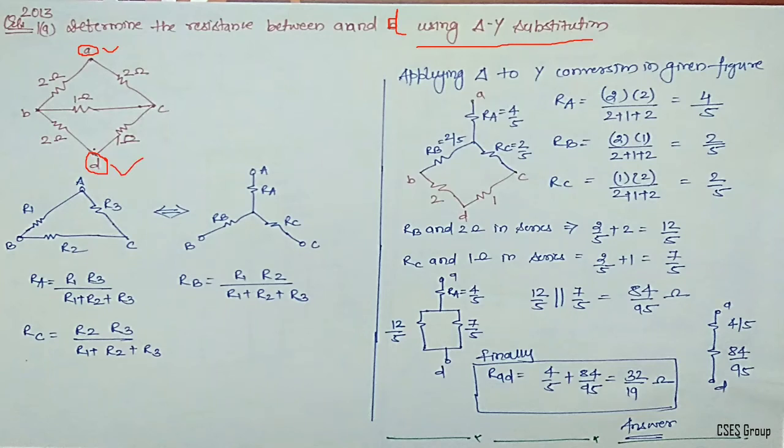So let us first recall what is the delta Y substitution. I have drawn here for your reference. If you are having a delta, it can always be replaced by its equivalent Y. Now how to replace it? If you are considering a resistance Ra, which is here between R3 and R1, then Ra can be written as R1 multiplied with R3 divided by R1 plus R2 plus R3.